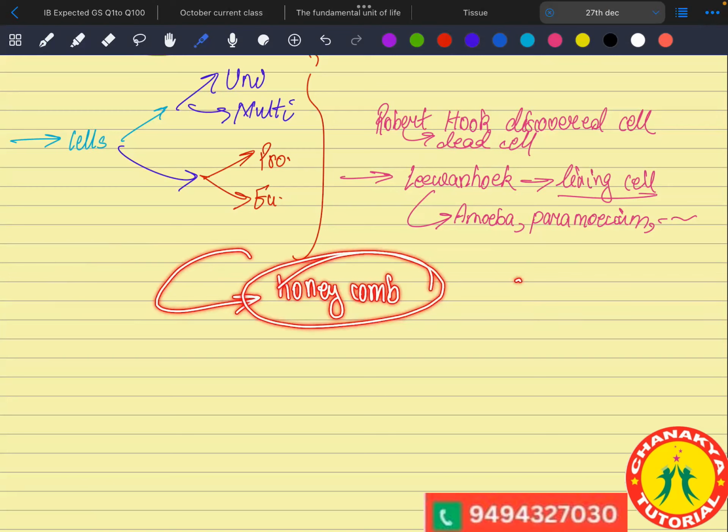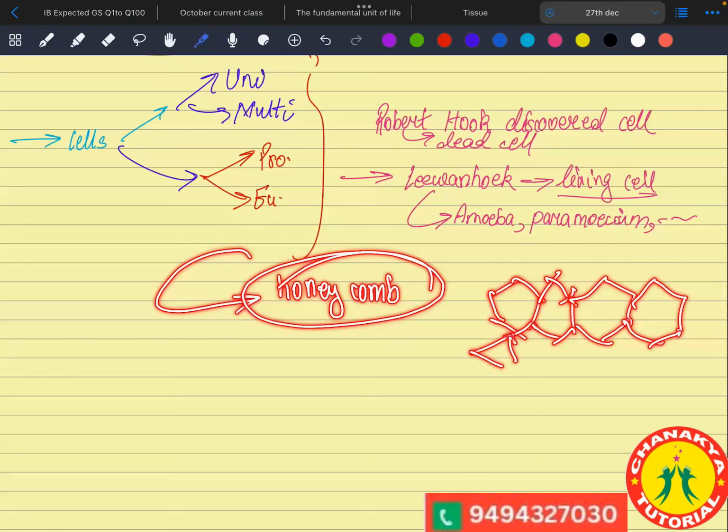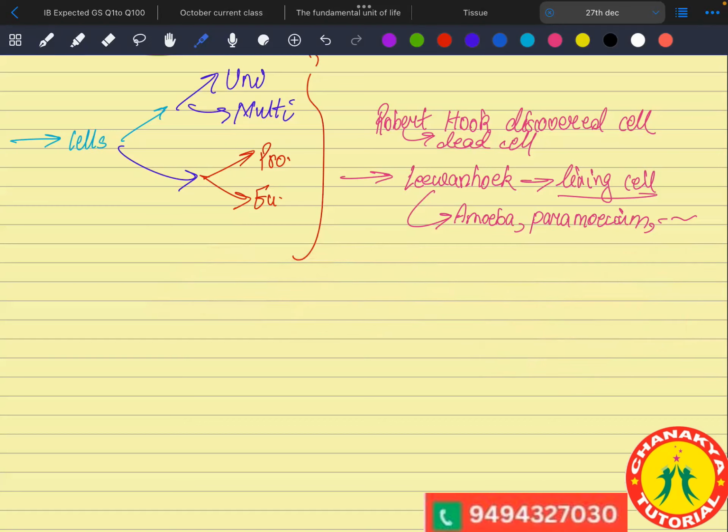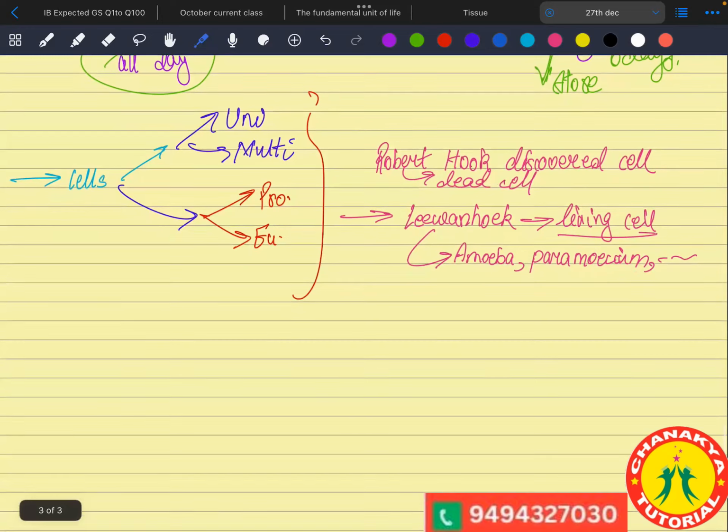Actually, when Robert Hooke first did his experiment, he found that the sample he took resembled the structure of a honeycomb, and he named these compartments cells, which in Latin means a small room.